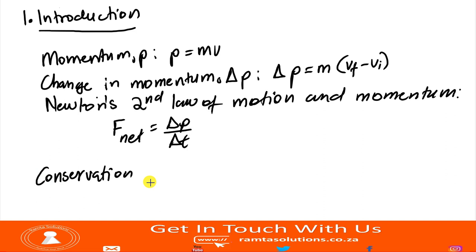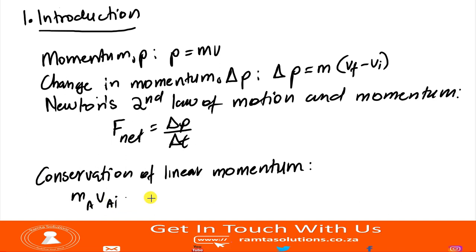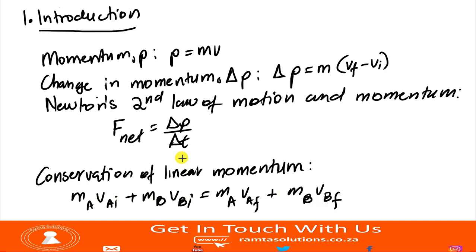In this chapter, we have dealt with conservation of linear momentum, which says the mass of A multiplied by its initial velocity, plus the mass of B multiplied by its initial velocity, is equal to the mass of A multiplied by the final velocity of object A, plus the mass of B multiplied by the final velocity of object B. This was your law of conservation of linear momentum.